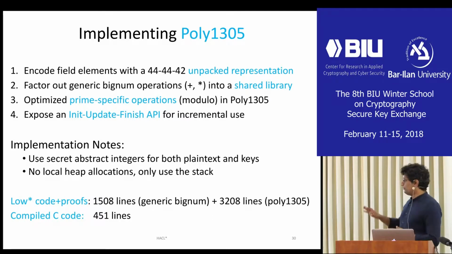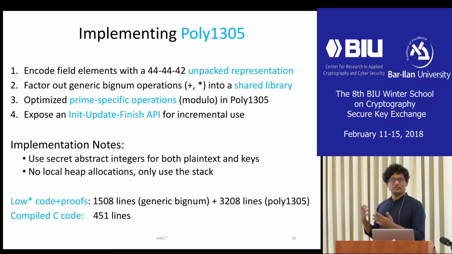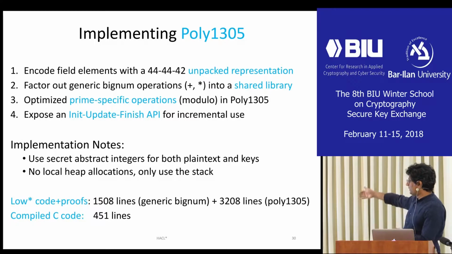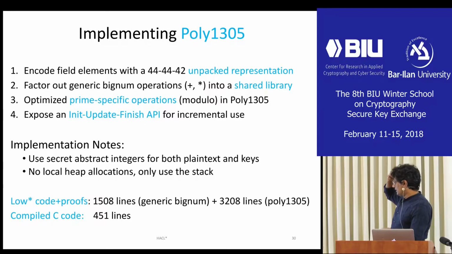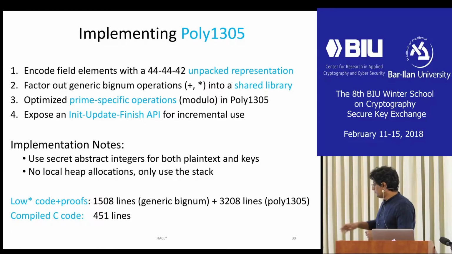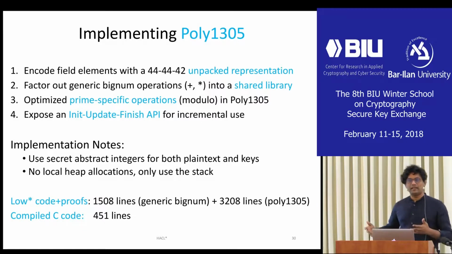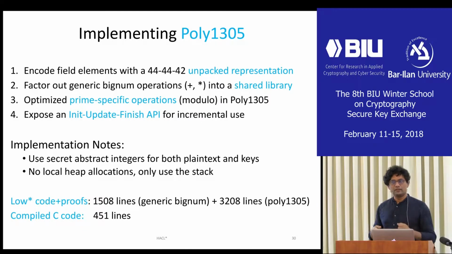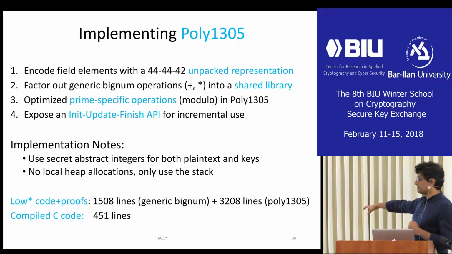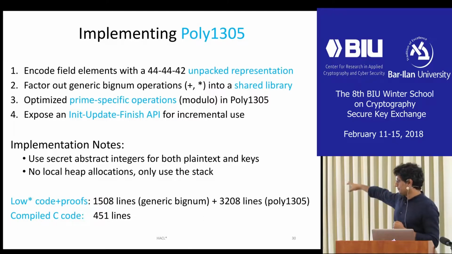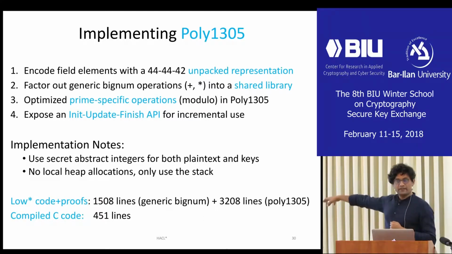Okay. So if you do use all these principles and you implement Poly1305 in C, but actually we are implementing it in F star in a style very similar to C, you end up with a piece of code which is about 1,500 lines of generic bignum library, which can be shared between other things, plus about 3,000 lines just for Poly1305. Okay, this includes the proof and everything.